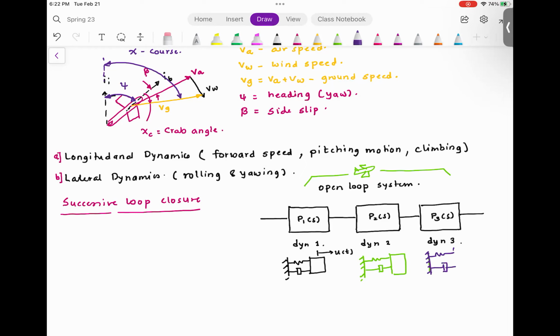Now, in terms of control, if you have an aircraft or an object, you have certain input and certain output. The output could be x of t, x dot of t, or x double dot of t.